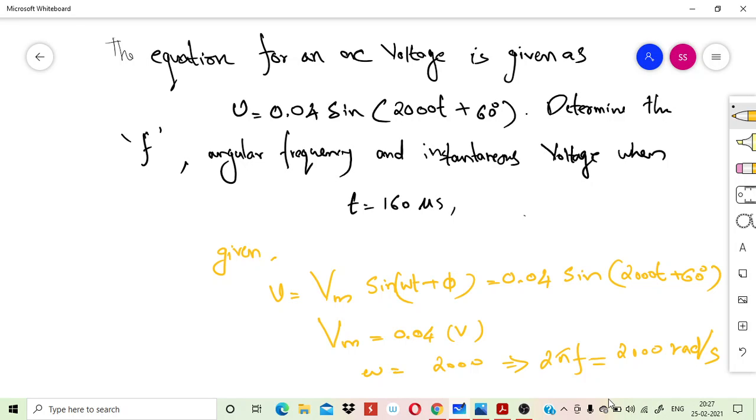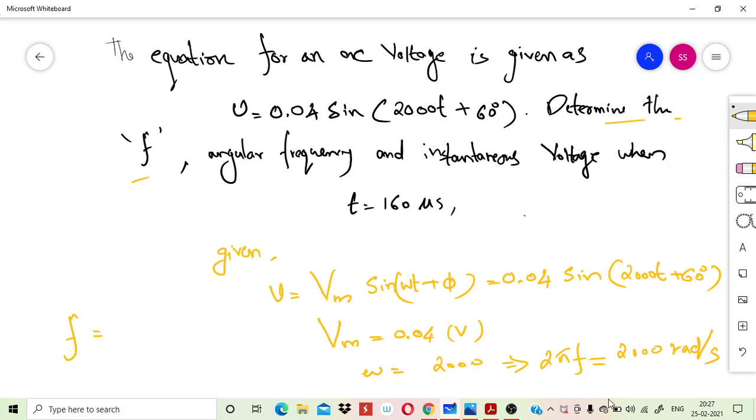And here he is asking to determine the frequency f. Frequency f means the number of cycles per second, which is represented in hertz.